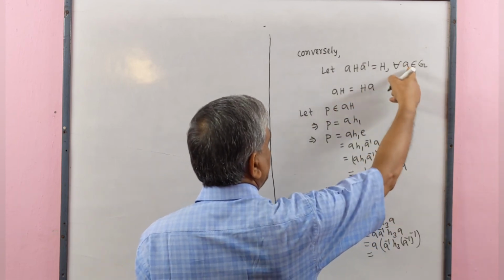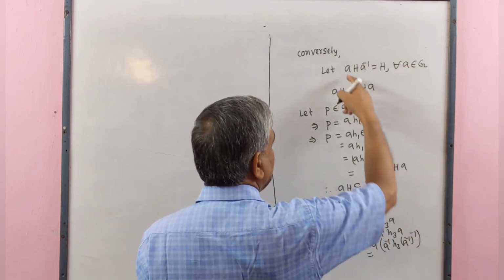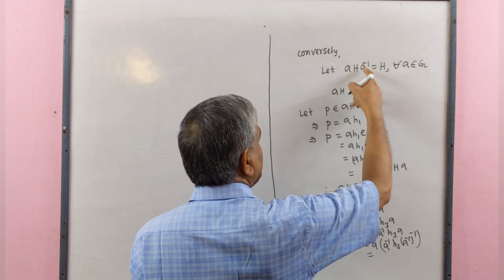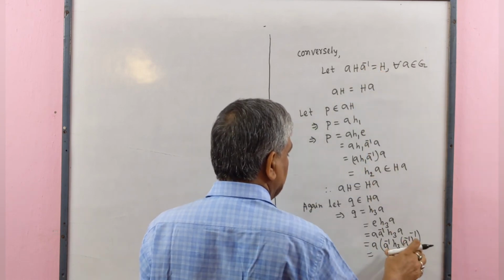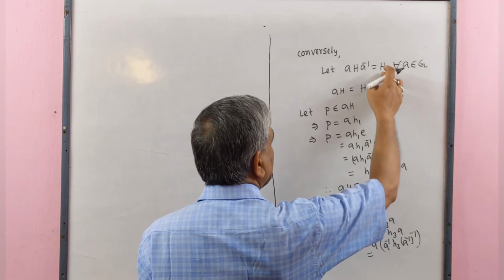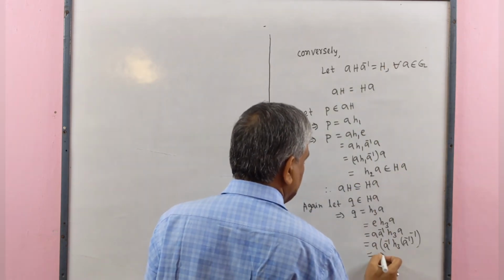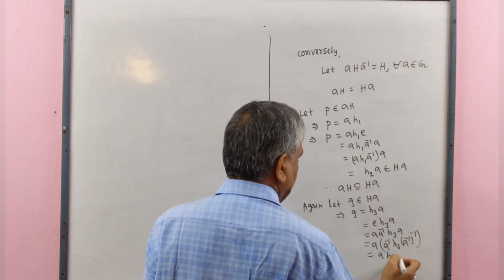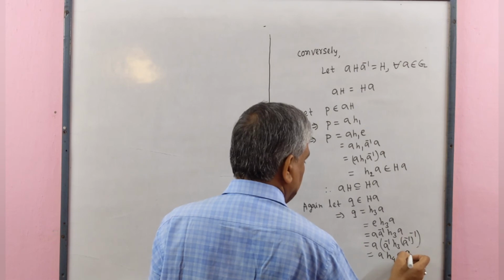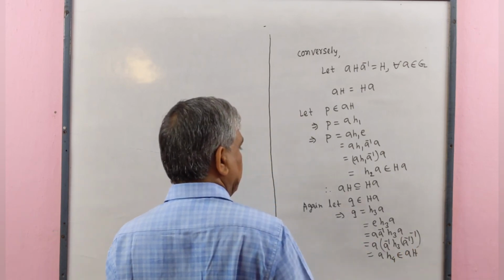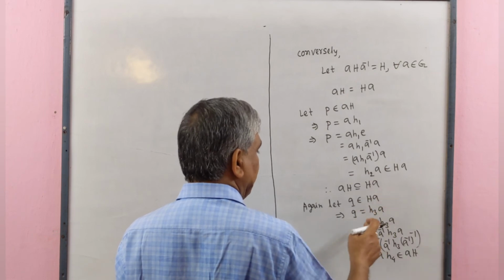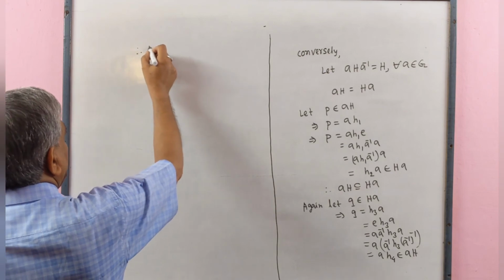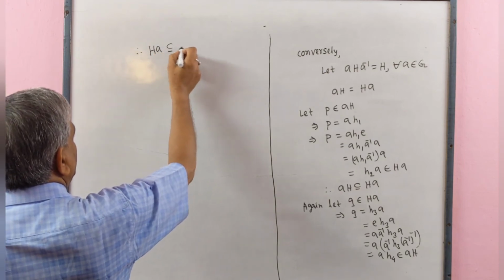Since this is true for all A belongs to G, here in place of A we have A inverse, and AHA inverse equals H. That means this element must belong to capital H. Let that be H4, and AH4 belongs to A capital H. Therefore Q belongs to HA implies that Q belongs to AH. Hence HA is a subset of AH.